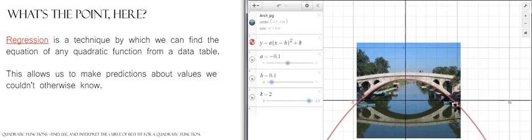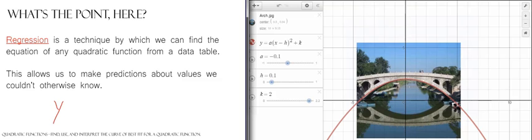So in this case, I can say the equation for the bridge parabola is going to be y equals negative 0.1 times x minus 0.1, all of that has to be squared.